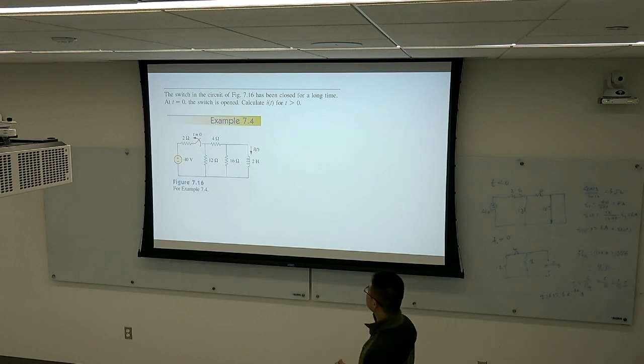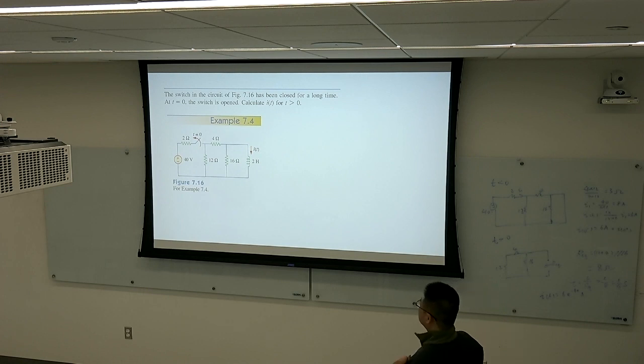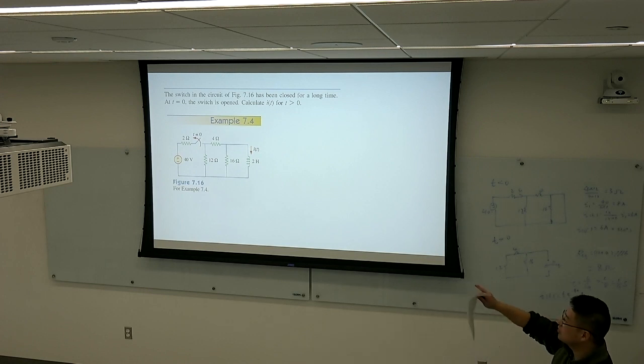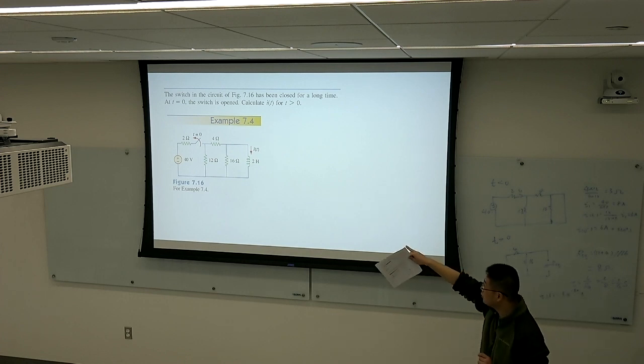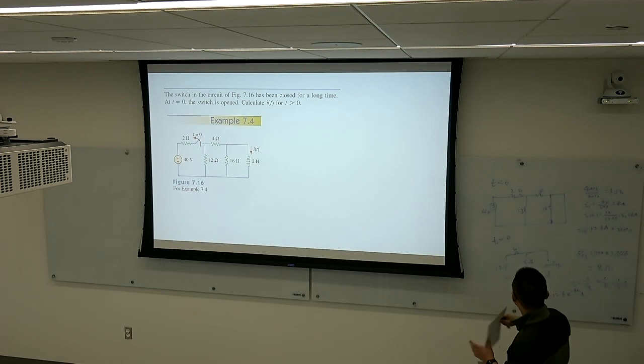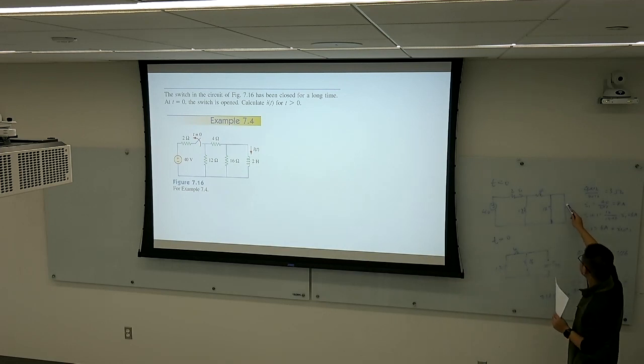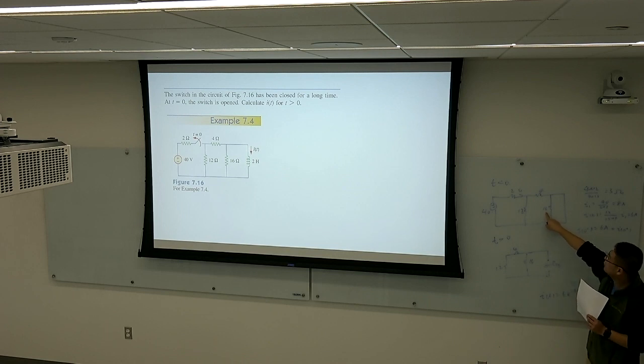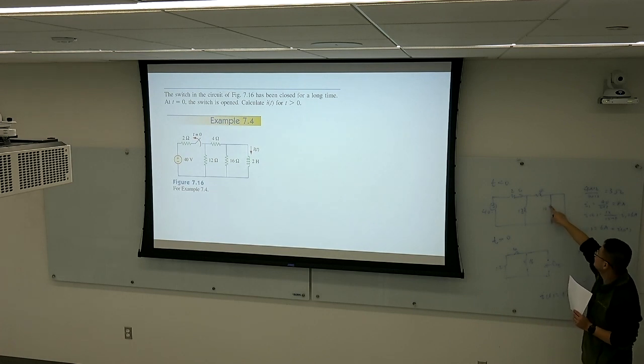So let's take a look together. When t is less than 0, the switch is closed. And in DC steady state, the inductor is treated as a short circuit. So this 16 ohm is in parallel with the short circuit, so the current will flow through this branch and will not flow through this resistor.